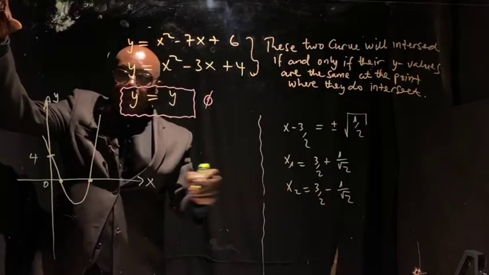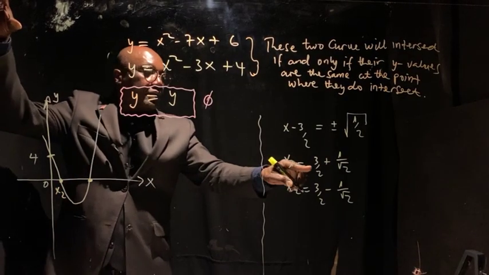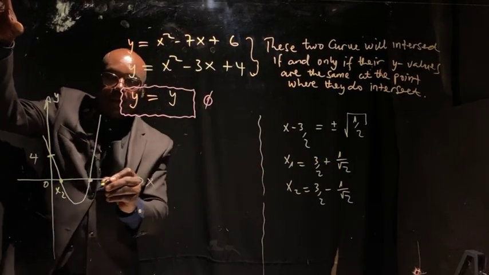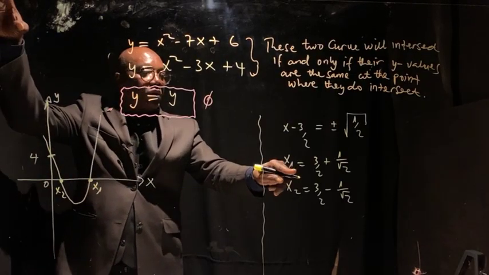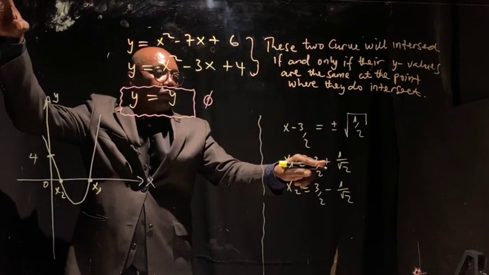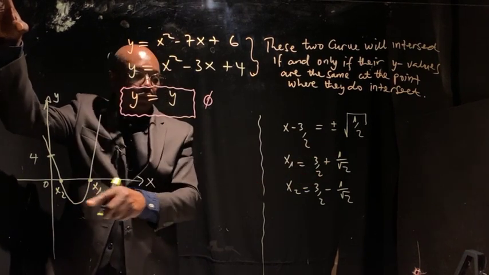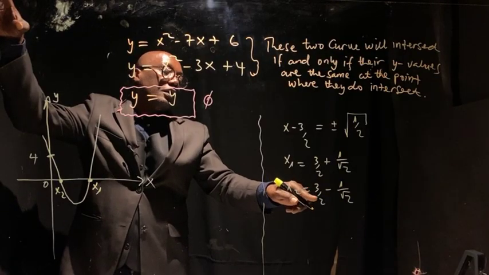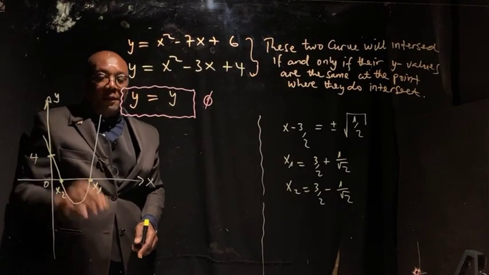This is x2. And this is the maximum value of x. This is x1. What is x1? x1 is 3 over 2 plus 1 over root 2. And what is x2? x2 is 3 over 2 minus 1 over root 2. Good.